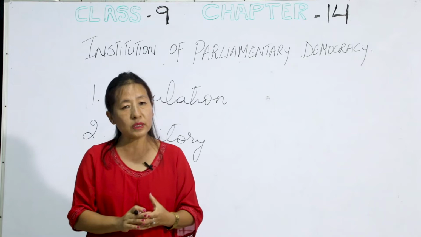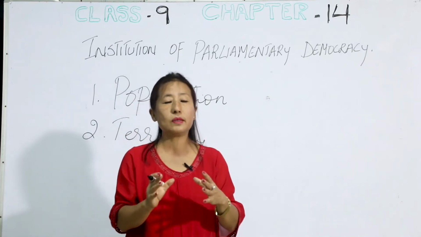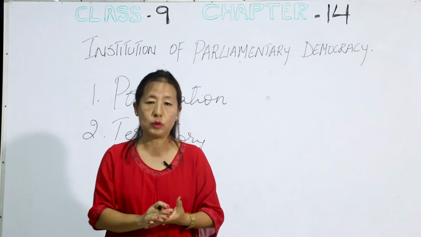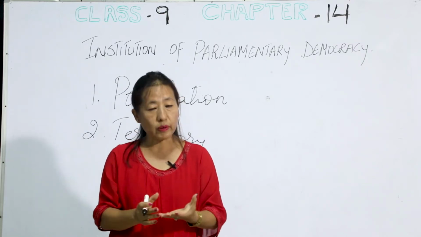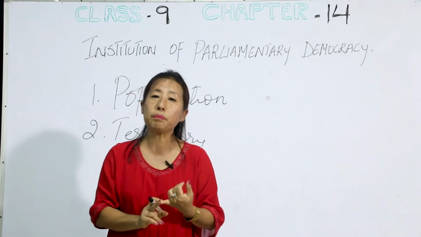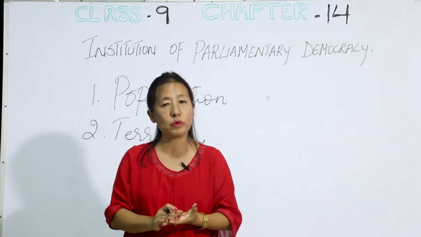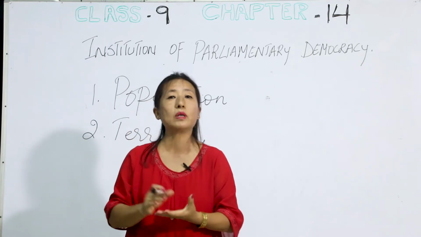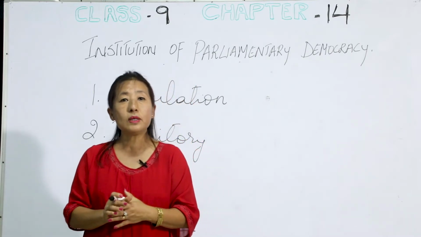Talking about the states, we have 29 states, and all these states have their exact boundary. So territory means the boundary. The first one is population, the people living there. Territory means the exact boundary that a state has. That is the second element of the state.